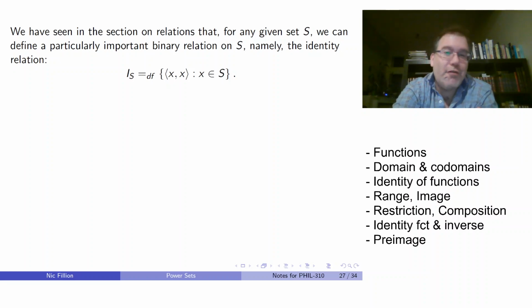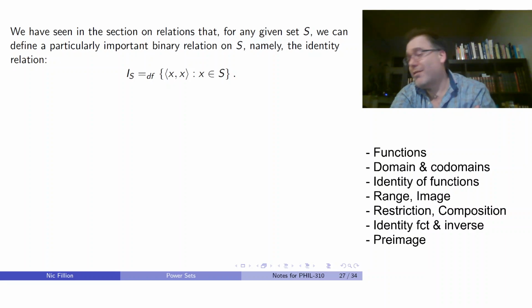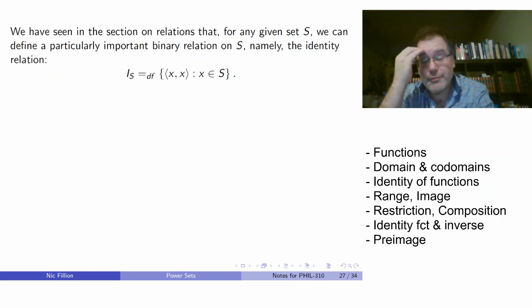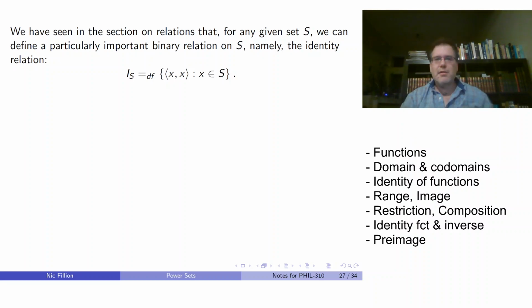Now that we have our function composition, let's talk about one particular function that is quite important despite being very trivial. When we were dealing with relations, we talked about the identity relation, which is the simplest, the smallest equivalence relation that one can have.